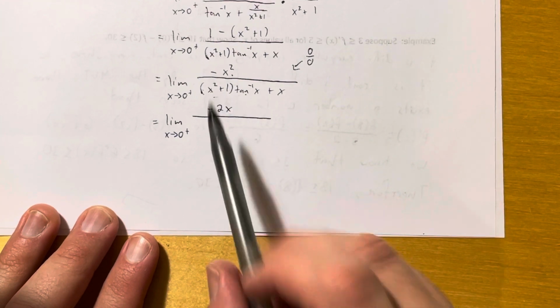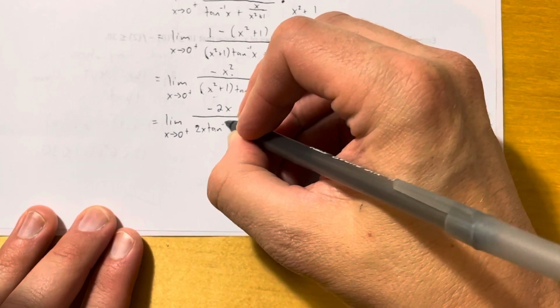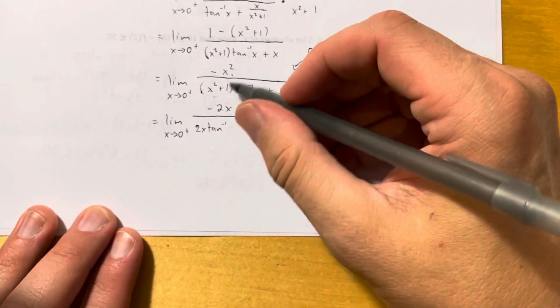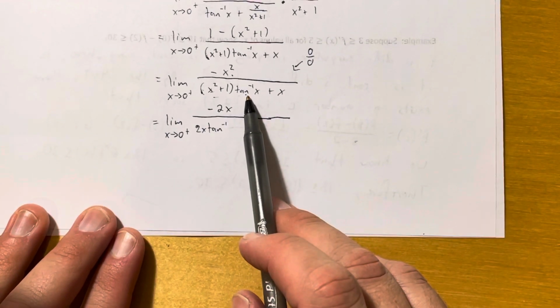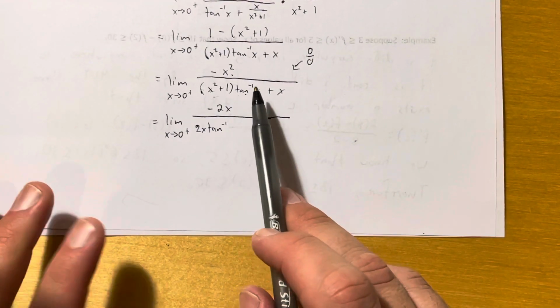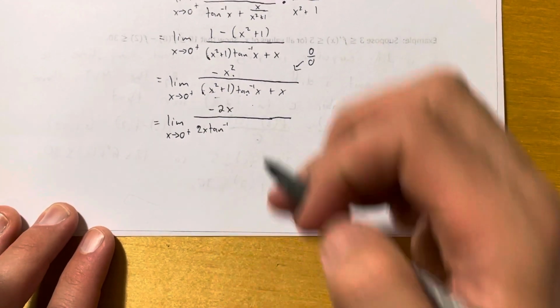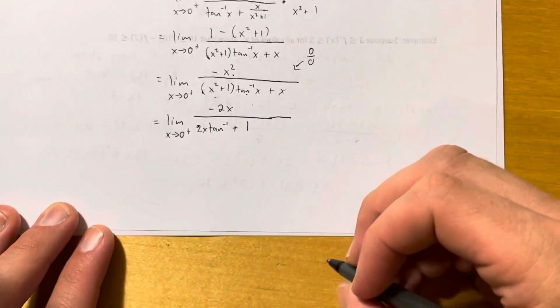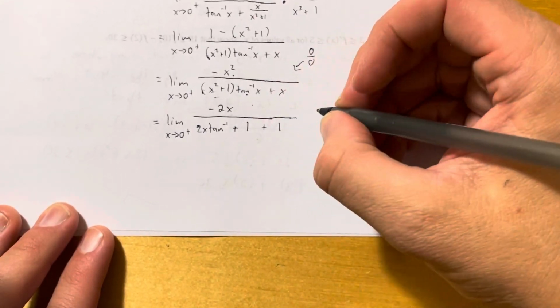So if I take the derivative of this first thing, that's 2x times the inverse tangent of x. Then x squared plus 1, think about this for a second. What is the derivative of the inverse tangent of x? Well, it's 1 over x squared plus 1. And that's being multiplied by x squared plus 1. That's going to come out to just 1 plus x becomes plus 1.